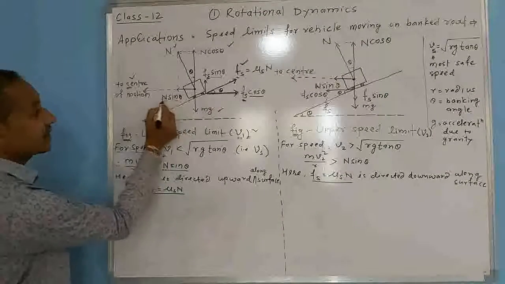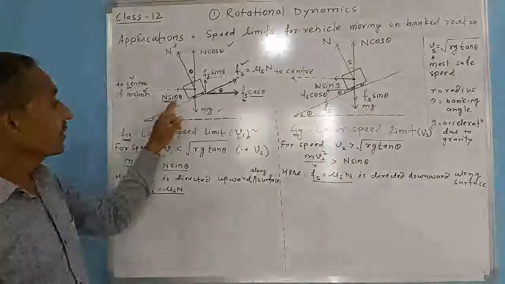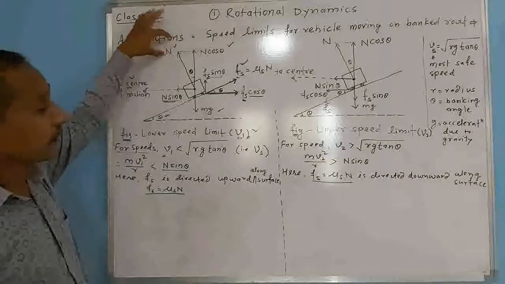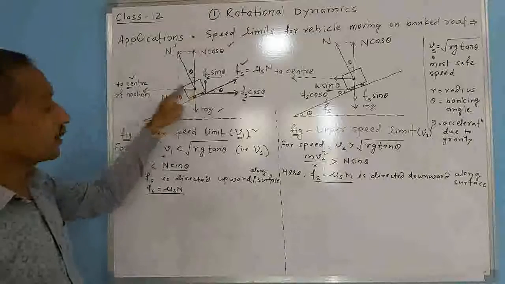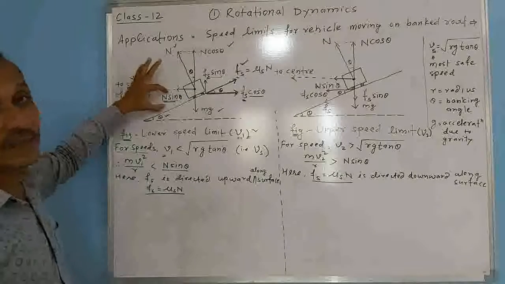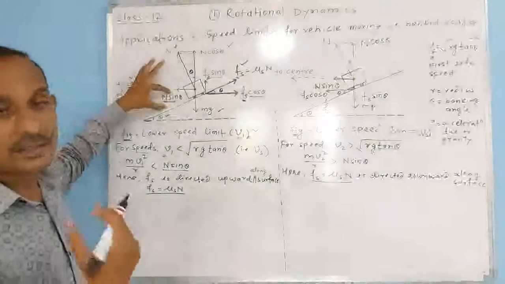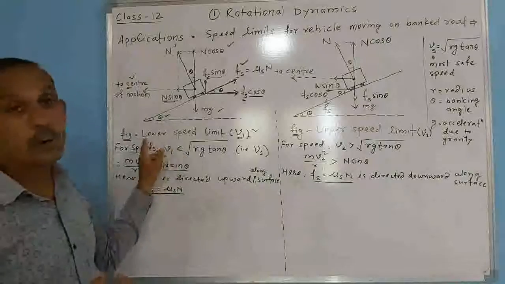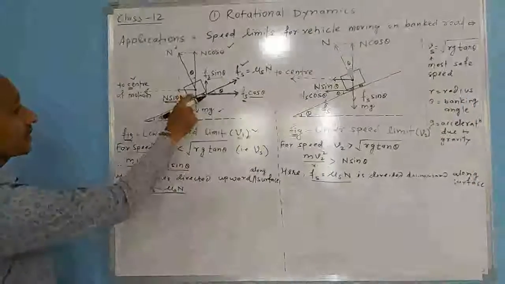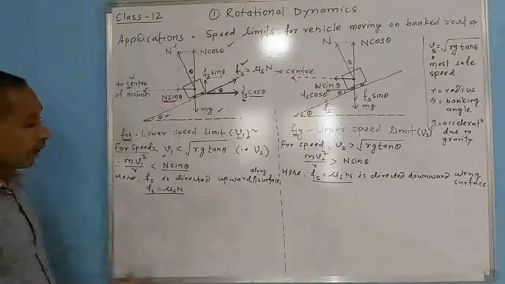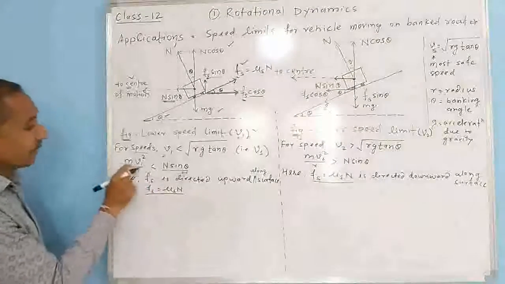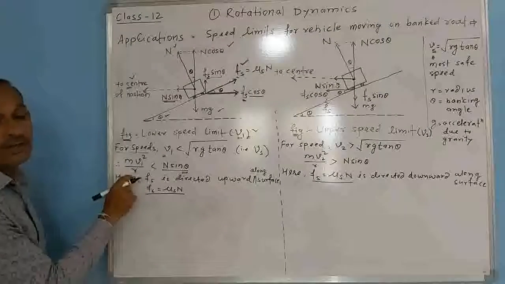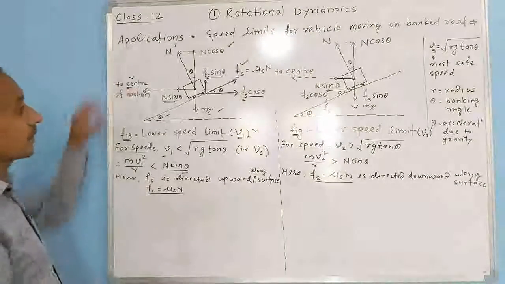This is the component of the normal reaction directed towards the center, so it behaves as the centripetal force. But whenever the vehicle is moving with lower speeds, this component n sin theta is always greater than mv1 squared by r, the required centripetal force of the vehicle.